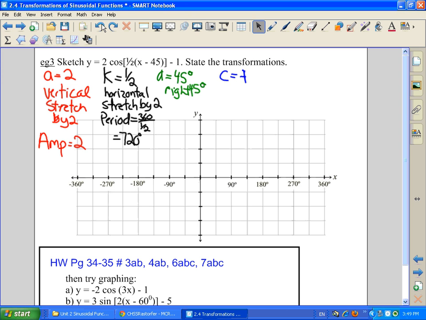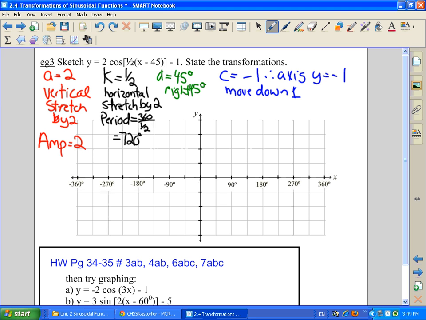All right, so therefore the axis is y equals -1. What does that mean in terms of transformations? That means we move down 1. Now we've got our transformations.